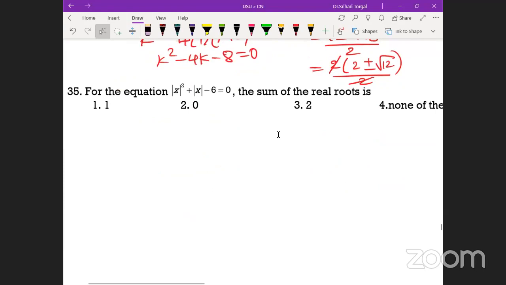Question number 35. For the equation mod of x square plus mod x minus 6 equal to 0, the sum of real roots are. Anyone guess the answer? You can unmute and speak now. Tell me, Rajwal.